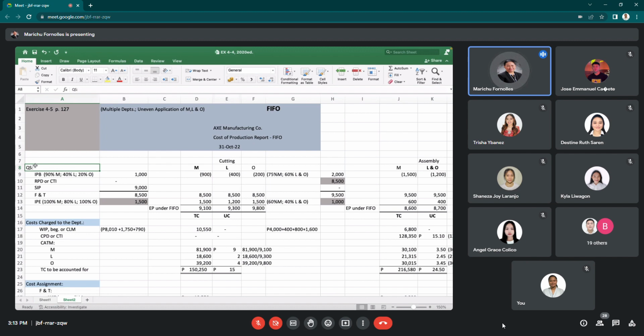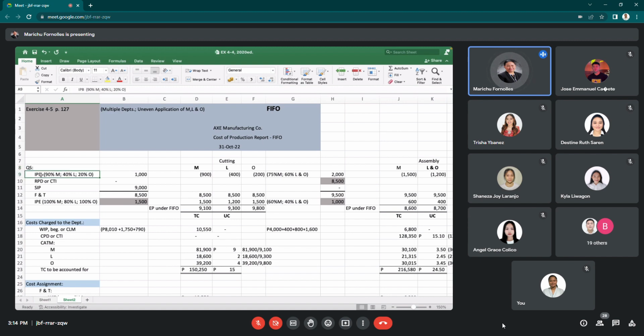When we say sources, these are the units to be accounted for, which represents where the units come from, or the total units assigned to this department for this month for them to work on. So that refers to our sources of the units assigned this month to be worked on by the department.